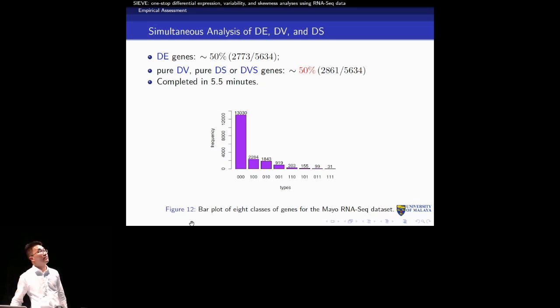For the remaining 15%, pure DV, pure DS, and the DVS genes cannot be identified by traditional DE test. This result tells us that if we only consider DE test, we may miss the opportunity to discover the alternative patterns of the distribution variations.